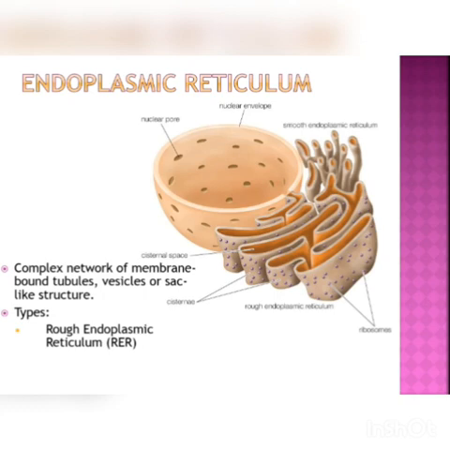So ribosomes, we know that these structures are the protein factories of the cell. They help in formation of protein. And if they are studded, if they are attached on the wall of the endoplasmic reticulum, that becomes rough endoplasmic reticulum. So it can also help in protein synthesis. Next is smooth endoplasmic reticulum.